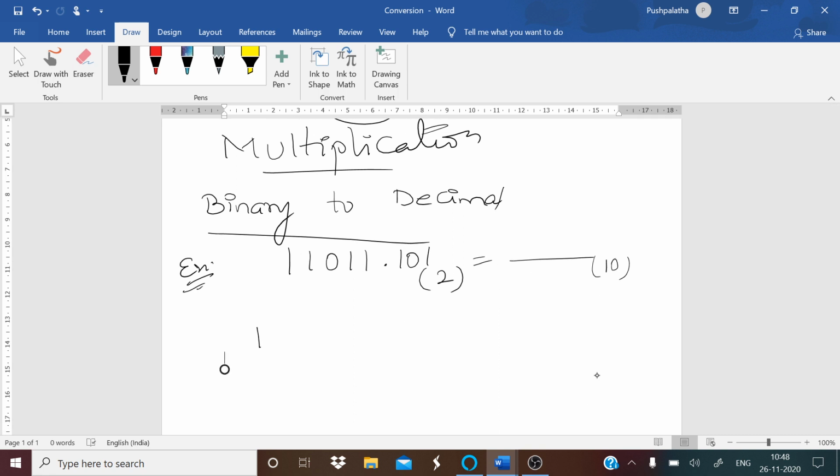As we had said earlier, this is your decimal point. To the left side of the decimal point, start giving the powers starting from 0: 0, 1, 2, 3 and 4. To the right side, we give minus 1, minus 2 and minus 3.